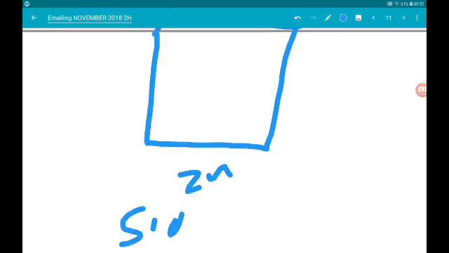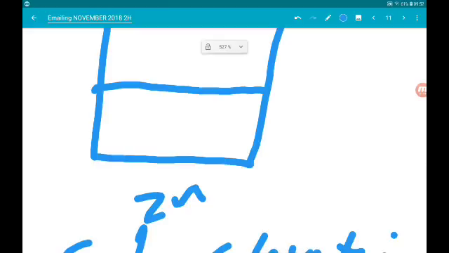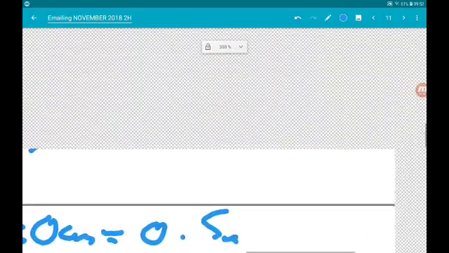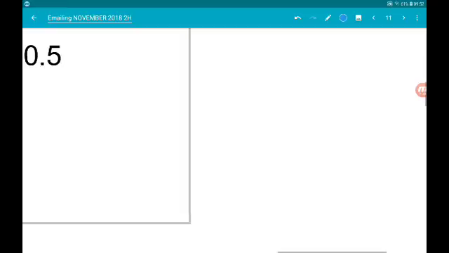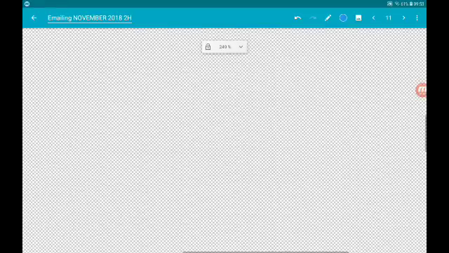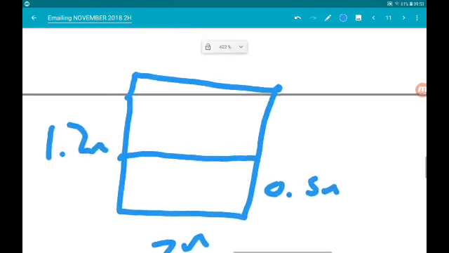So this is the side elevation. Now, if we've got one layer in there, we know that that's going to have a height of 0.5. Now the other dimension of the crate was 1.2. So we know this height overall is 1.2 meters.